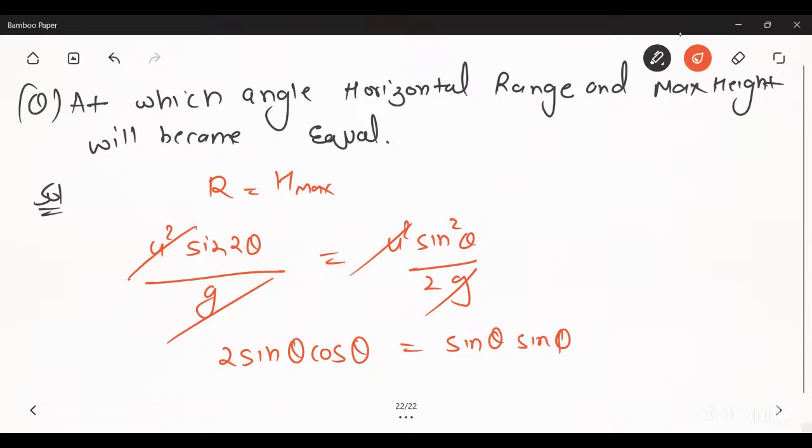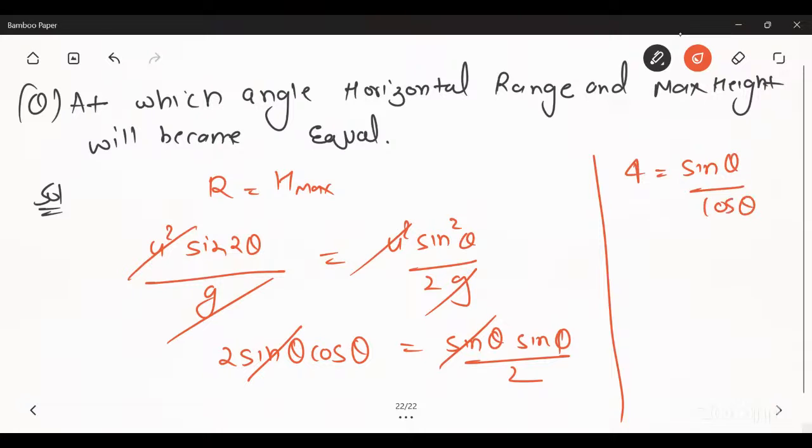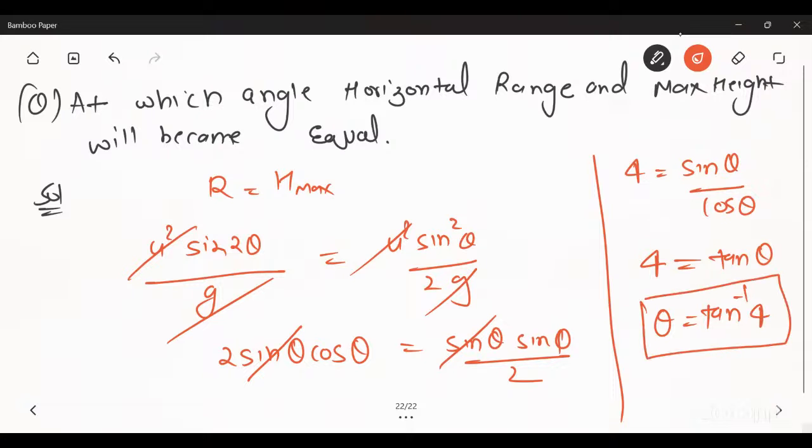So that term will be cancelled, and 2 is there. On cross multiplying, you will get 4 is equal to sine theta by cos theta. So sine theta upon cos theta is tan theta. So tan theta is equal to 4. So theta is equal to tan inverse of 4. So at angle tan inverse of 4, the horizontal range and the maximum height will be equal.